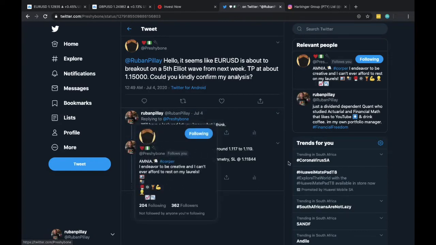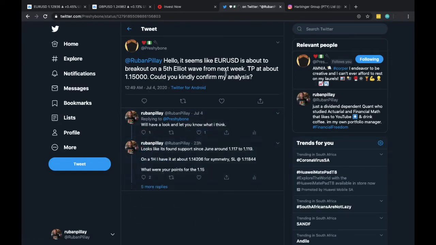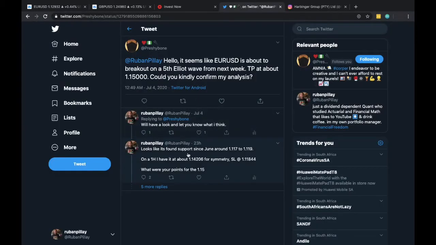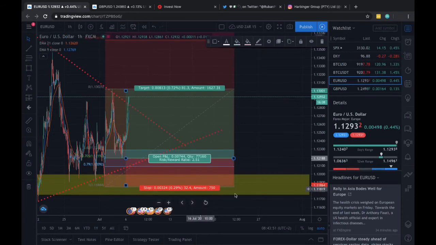I only do my analysis on Sundays, and from my analysis I had the 1.11844 marker, this over here. So my 1.11844 marker was my stop loss, as mentioned in the tweet itself. My 1.17 to 1.19 was my resistance, so it would be this band over here.